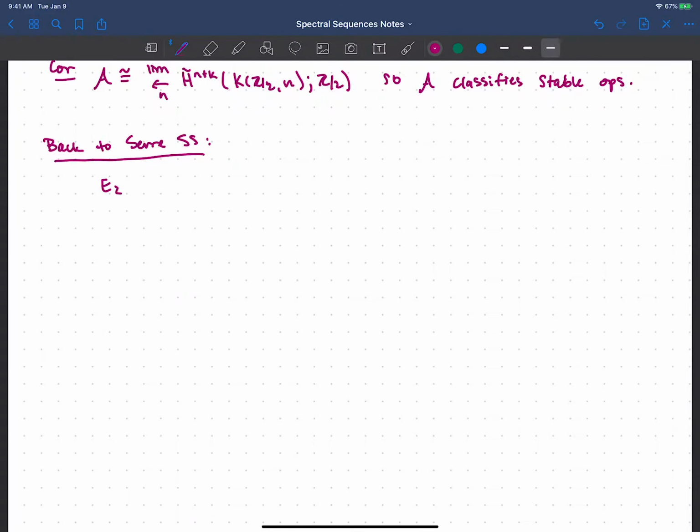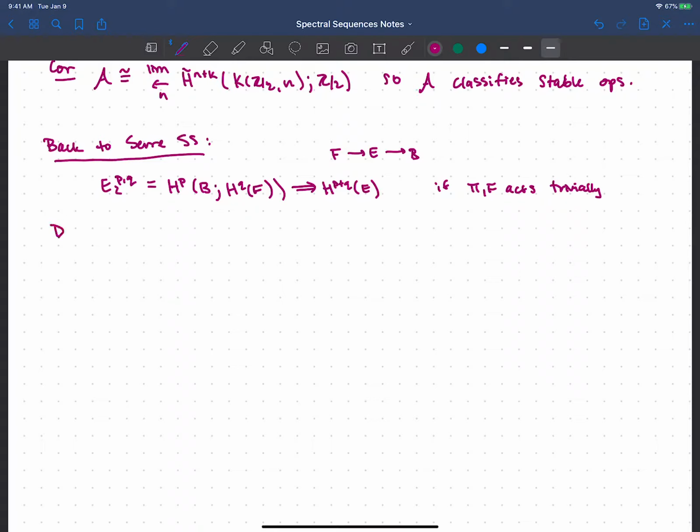Okay, so remember, of course, our Serre spectral sequence has a nice E2 page, and it's the cohomology of the base with coefficients in the cohomology of the fiber, converging to the cohomology of the total space when we have a fibration from E to B with fiber F, and I guess we want pi_1 of B to act trivially so that we don't have to worry about local coefficients.